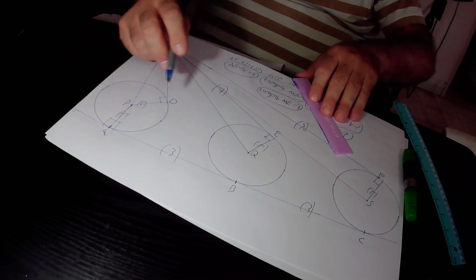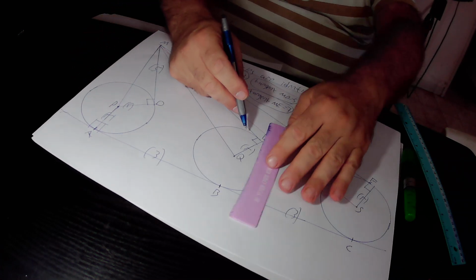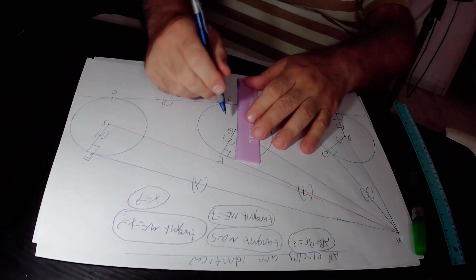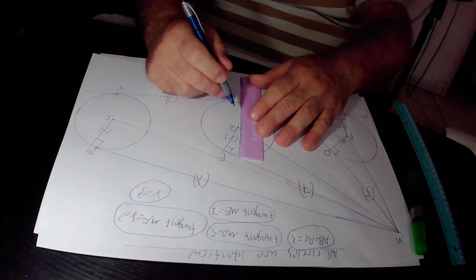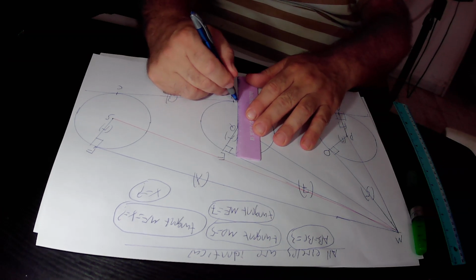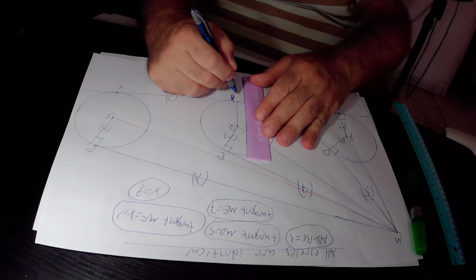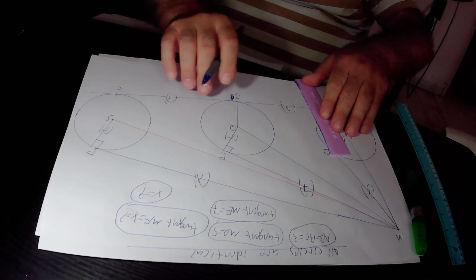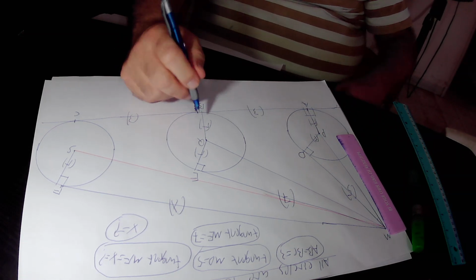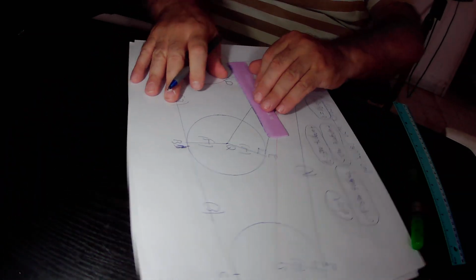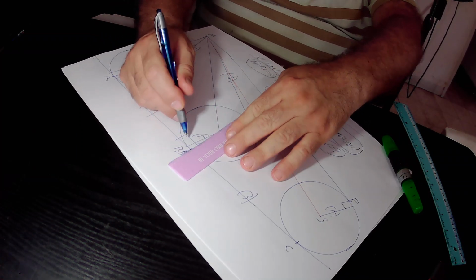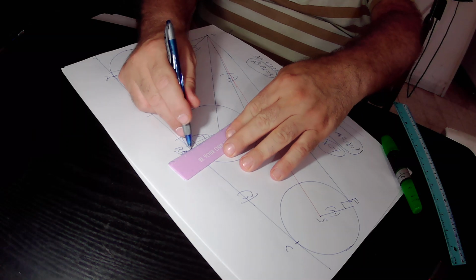Likewise, we join points Q and B together by a straight line. QB is of course the radius of this circle, this is R, and according to rule 1, this angle equals 90 degrees, and this angle also equals 90 degrees.